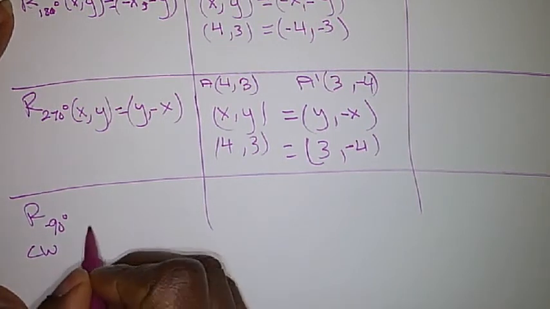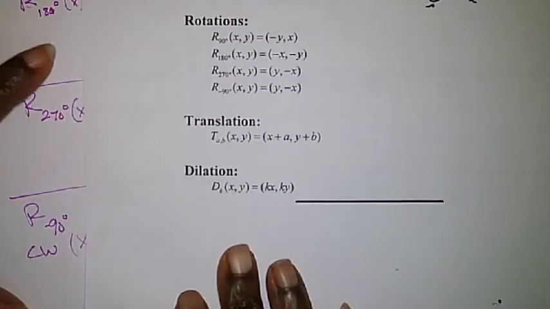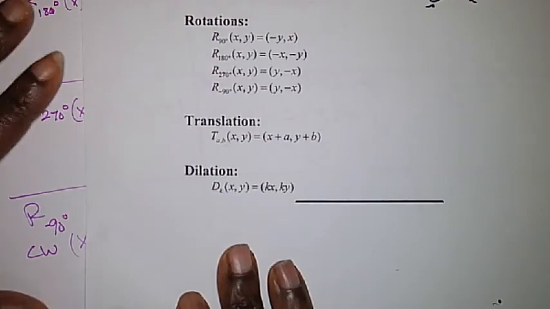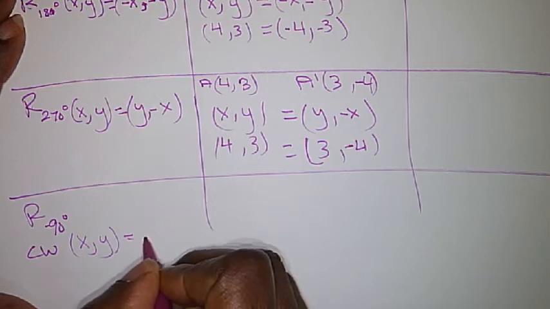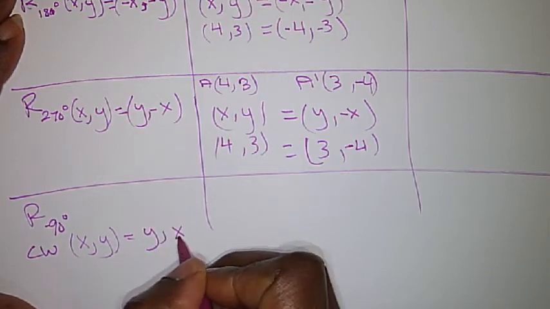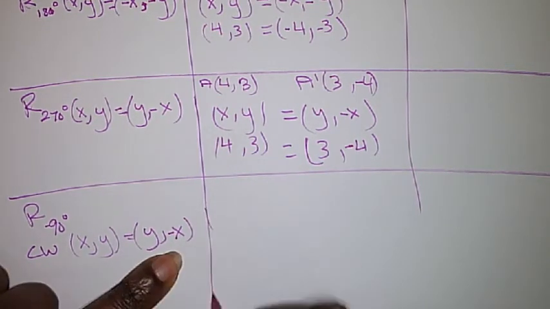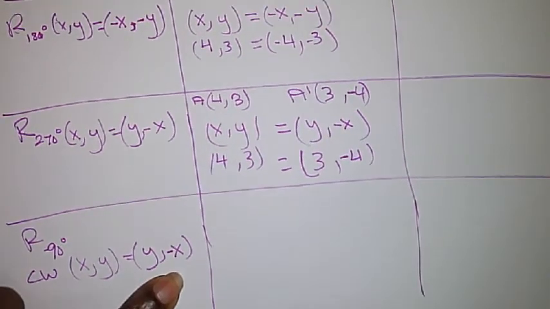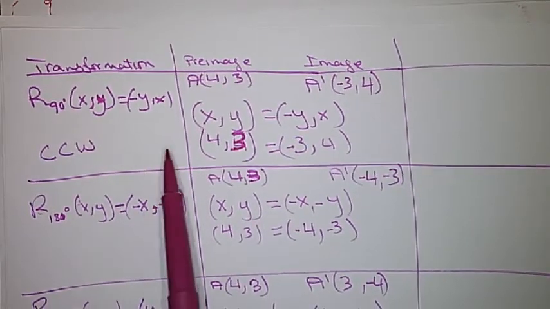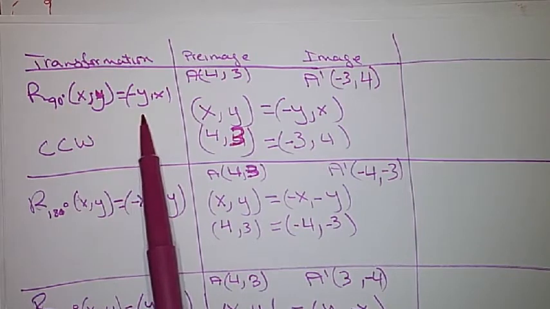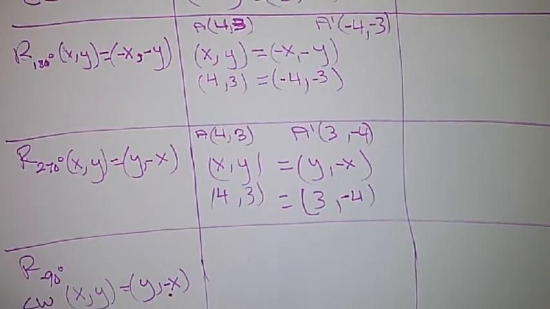Going back to my note sheet, here goes the rule: (x, y) becomes (y, negative x). Basically this one and the first one are very much similar, but the opposite coordinate becomes negative.